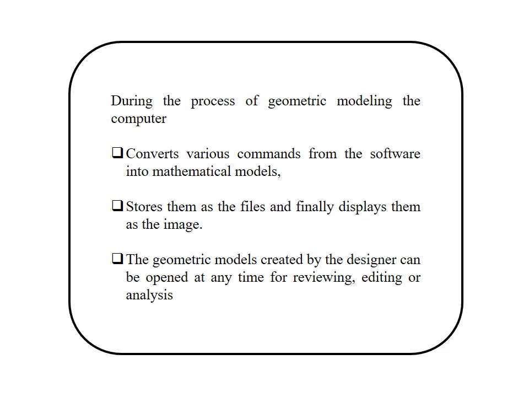Take the previous example, a rectangle of 5 centimeter length and 4 centimeter breadth. If the length of the rectangle is changed from 5 centimeter to 10 centimeter, then accordingly the mathematical model is changed and it can be viewed in the computer display.